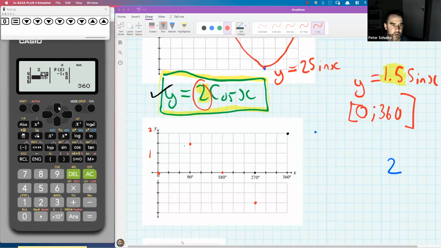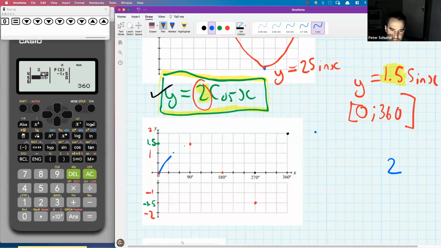Oh, 360, 0. And so when I draw this, you actually notice that this thing over here is quite important. And my sine graph is going to go to the highest point here, lowest point there, and like that. And I want to ask you, what is the range of this graph?